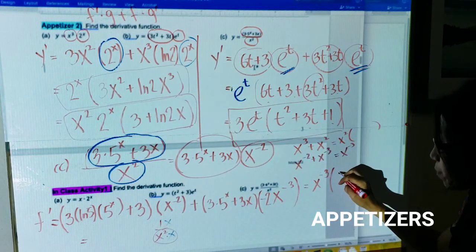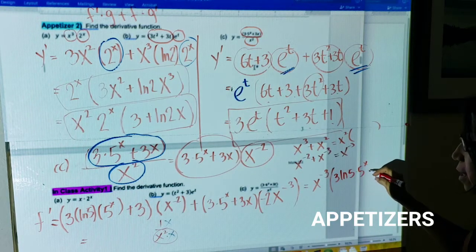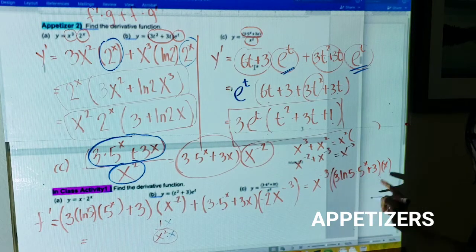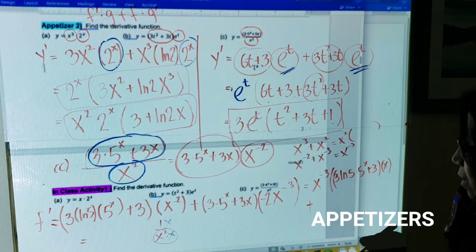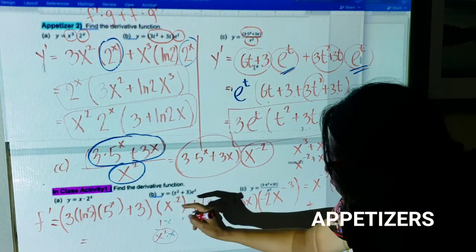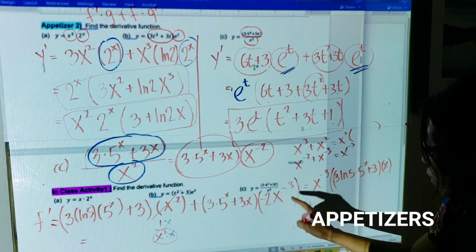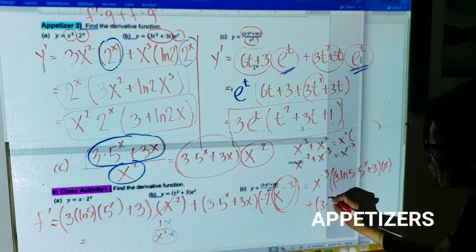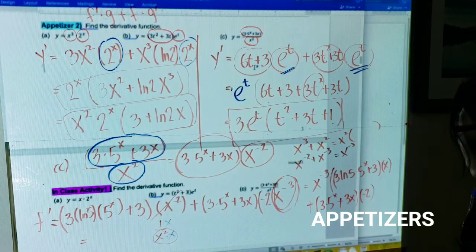So x times 3, natural log of 5 to the x plus 3 times x. And then between here, I'm going to have a plus. I know, this one I already replaced as this one. And then I pulled out, and then I'm going to factor out this one. I'm going to have 3 times 5 to the x plus 3x minus 2.